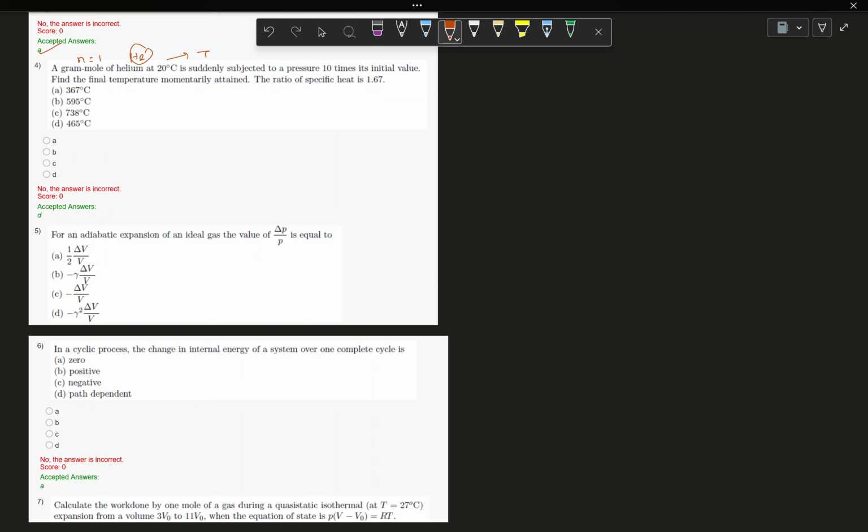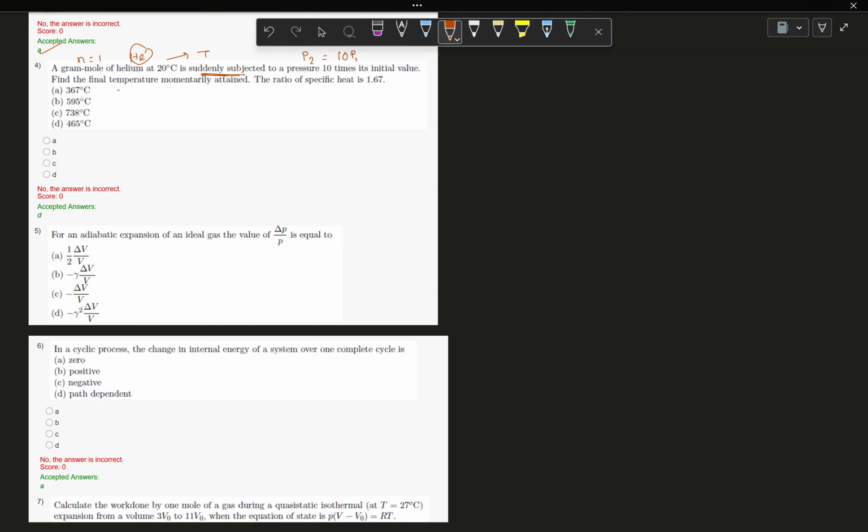You can convert it into Kelvin, and it is subjected to a pressure suddenly. So focus on the word suddenly, because this will be important. And the pressure is finally 10 times the initial value. That means if your initial pressure is P1 and your final pressure is P2, then P2 is simply 10 times P1.